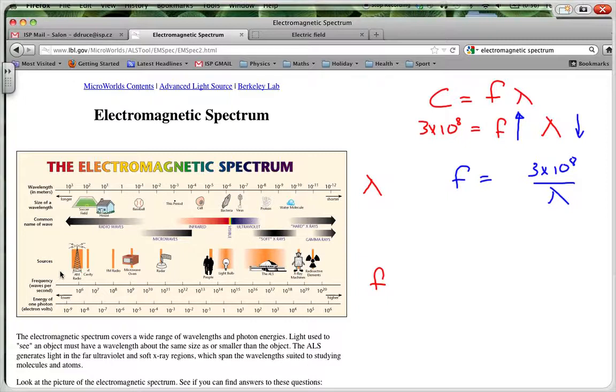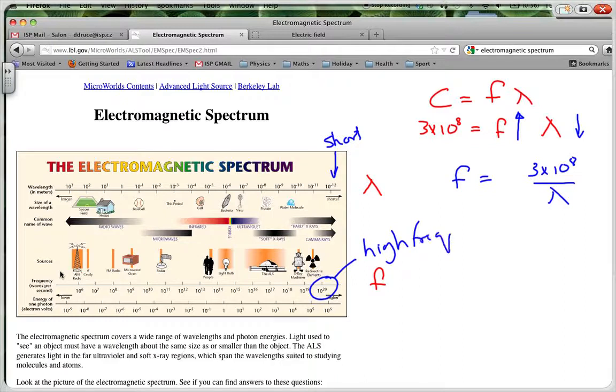So when we look at these, now you can't really see this very well, I suppose, but you've got your very short wavelengths over here. These are short, small wavelengths. These lead to high frequency. So these are your real high frequency.